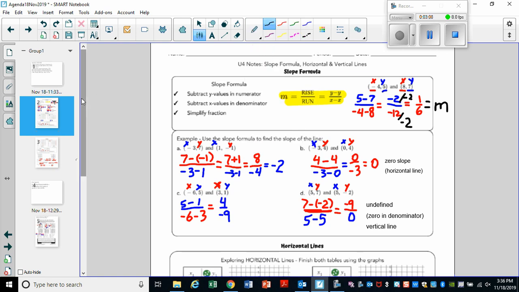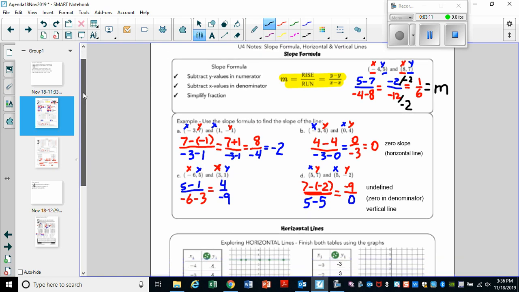So next section, given 2 points, you're going to first determine your y values. So for this first problem, our 2 y values are 7 and -1. But notice how I put this -1 after the minus sign in parentheses, because you're really subtracting a negative.